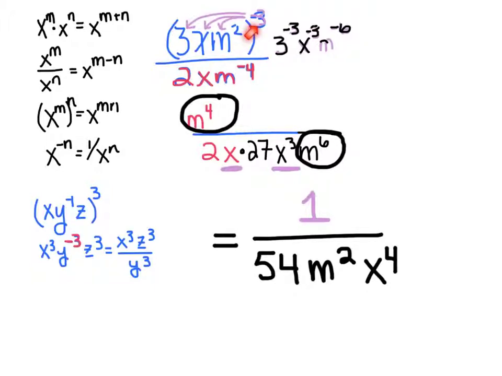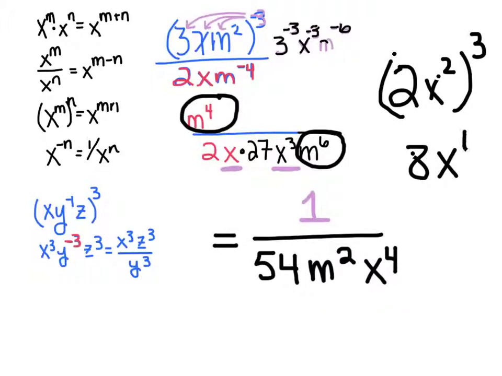And sometimes, it's kind of a weird thing, but even with a basic problem, like 2x squared cubed, the solution to that is 8x to the 6th, and a lot of students will look at the x squared and they'll cube it, and they'll forget about the 2. So don't forget, if it's in parentheses, the power applies to everything.